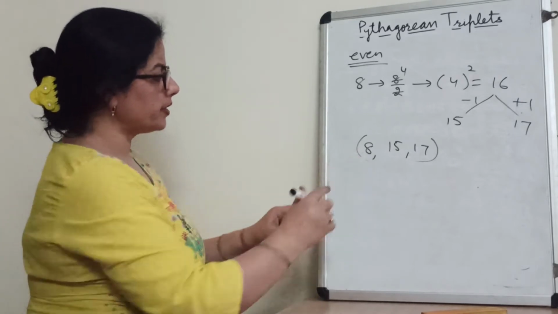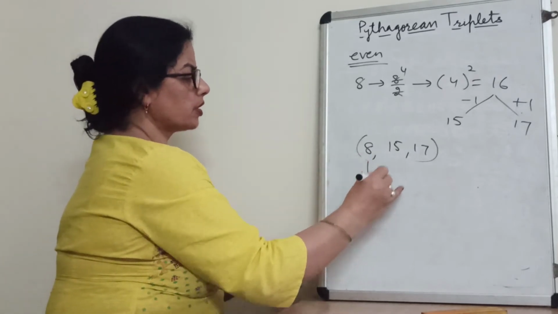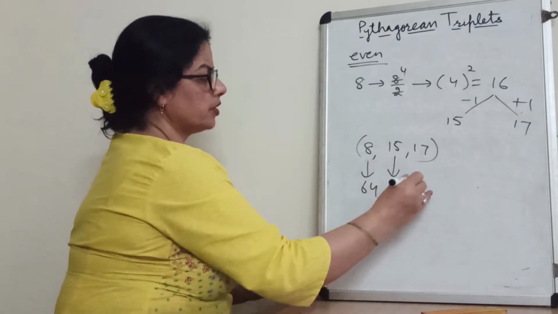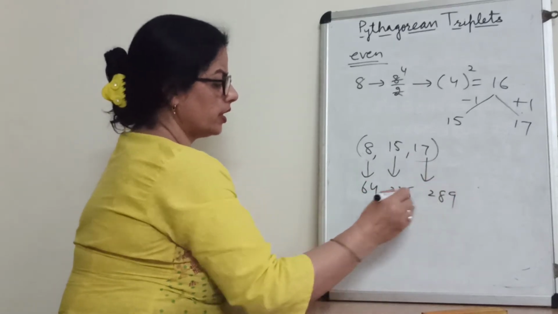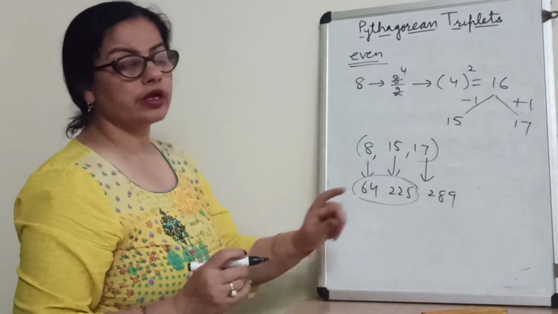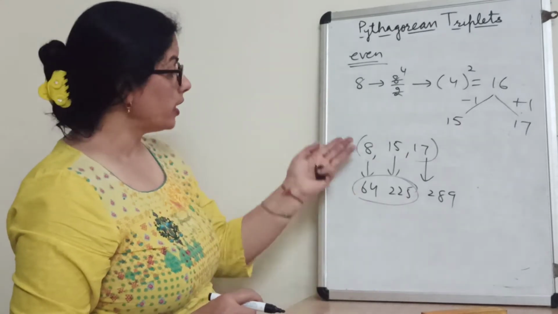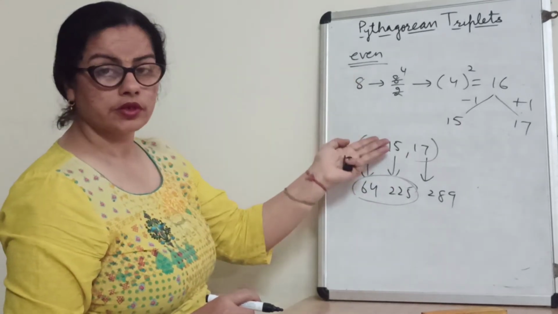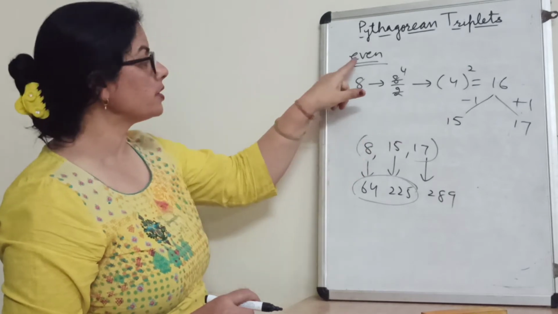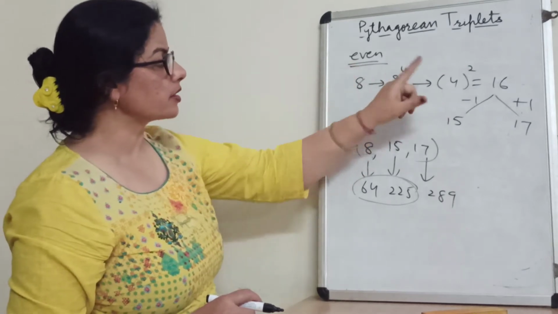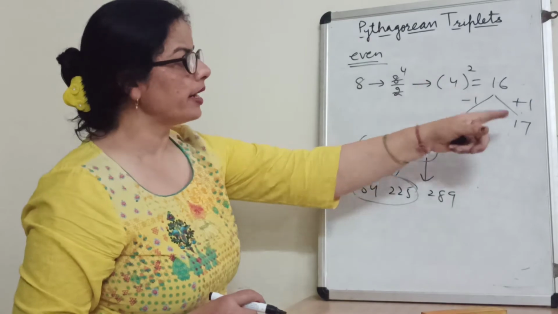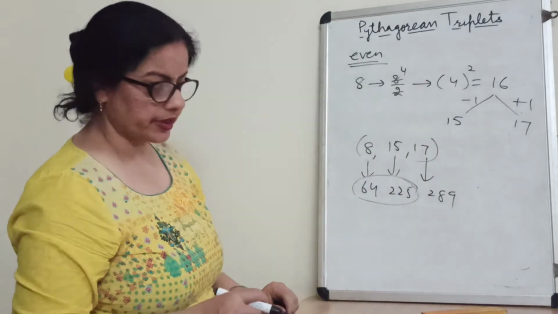Take the square of 8, the square of this, the square of this, and if you add them, it will come out equal, which means this is a Pythagorean triplet, and we have made it ourselves. Is it clear? What are the steps? First divide by 2, then take the square, and then subtract 1 and add 1. You will get a Pythagorean triplet.